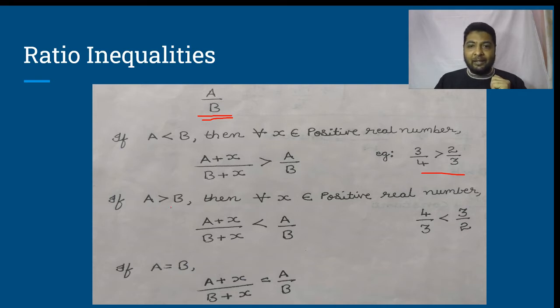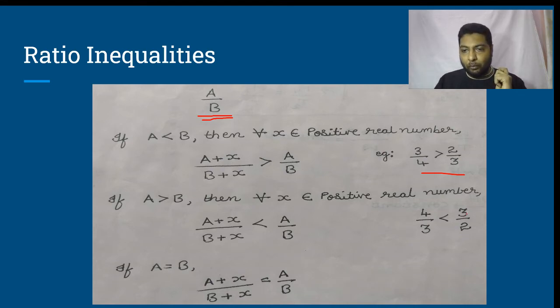On the other hand, if it is an improper fraction where A is greater than B, then when we add a constant to both the numerator and denominator, the new fraction will be less than the original fraction. For example, consider the original fraction as 3 by 2.